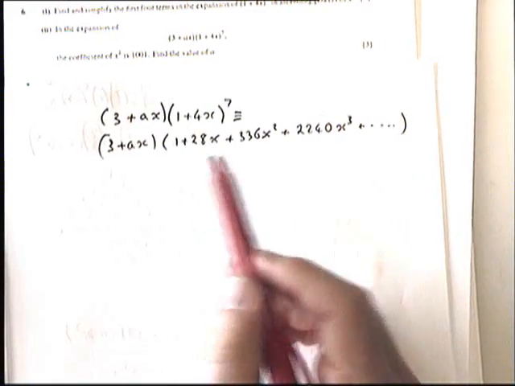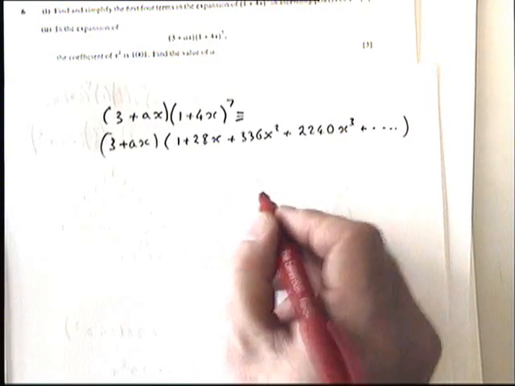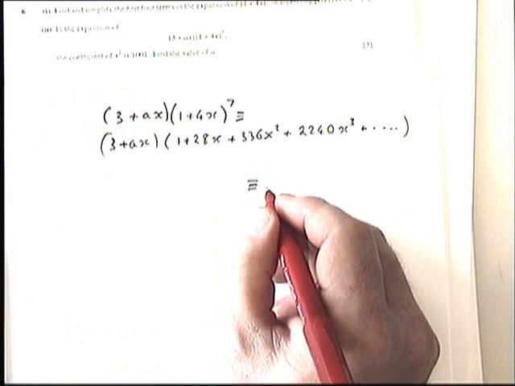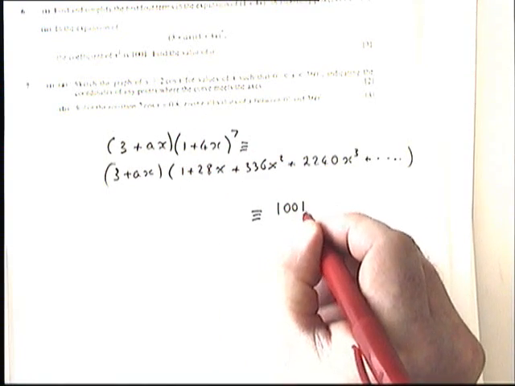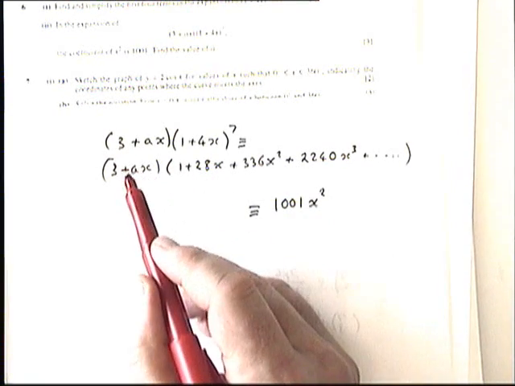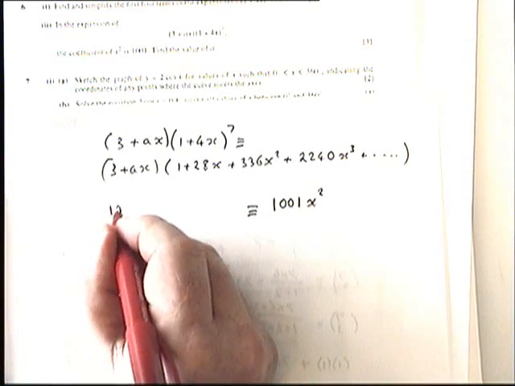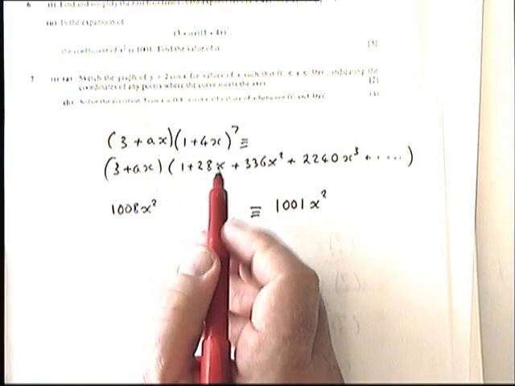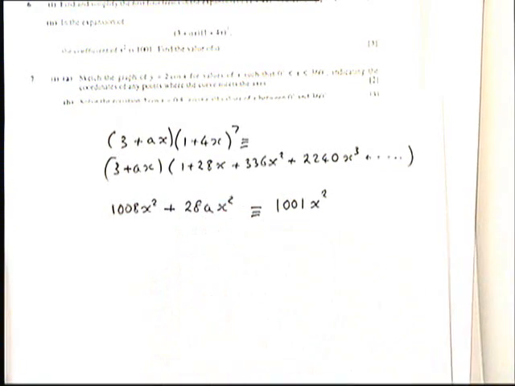Now we're only going to worry about the terms that contain x squared, because we know that the coefficient of x squared, by definition in the question, is 1001. So let's expand the terms that only contain x squared. It's going to be 3 times by 336x squared, which is 1008x squared, and it's going to be ax times by 28x, which is 28a x squared.